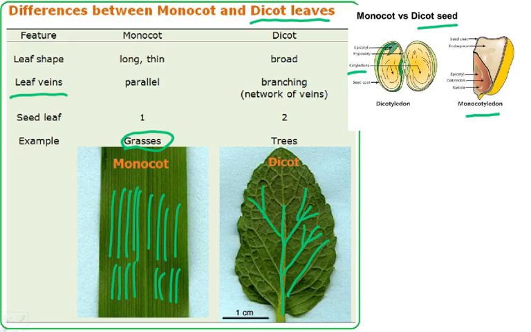Now, there's no such network in the monocots, but this is a network which you see in the dicot. So, a branching network of veins, while these veins are called parallel venation or parallel veins. And the seed leaf, we were talking about, the dicot has two and the monocot has one. So, these are the main differences between monocot and dicot.